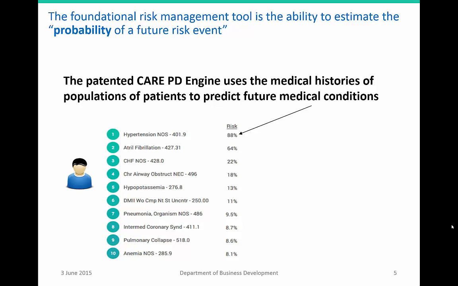Like in this example, an 88% likelihood that a patient will develop hypertension, not otherwise specified, in the future. This probability estimate can be produced by the CARE PD engine for any patient or patient population using medical histories of diagnoses recorded in claims data under care plans with Medicare, Medicaid, and private carriers.